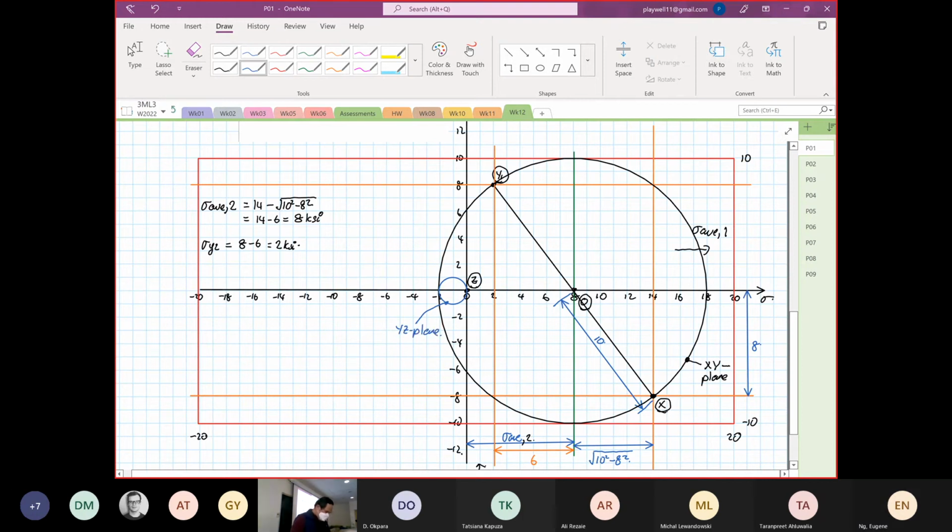Okay. And then we have to construct another circle. This circle over here corresponds to your XZ plane.